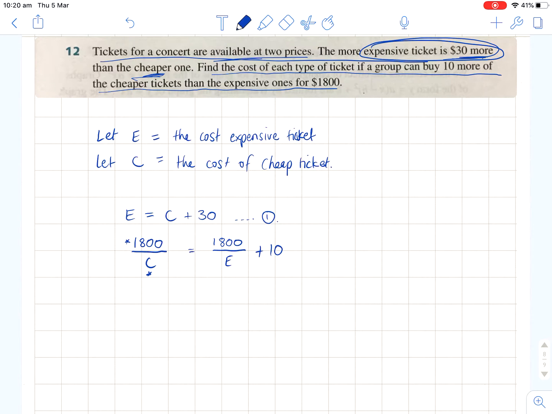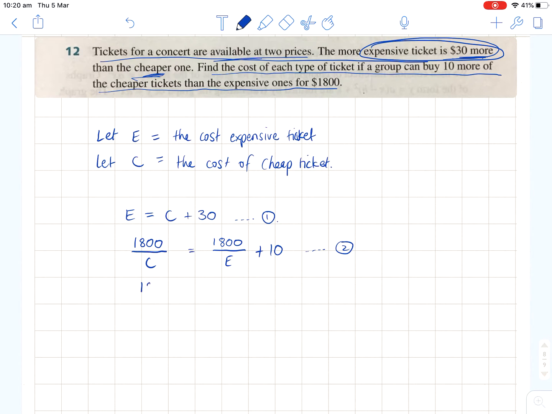So the number of tickets that I can buy at the expensive price plus 10 will be the same as the number of tickets that I can buy at the cheaper price. That was a little bit tricky to get to, but once I do, then I've got my equation that I'm trying to solve. I'm going to call this equation 2. So now I've got two equations and two unknowns.